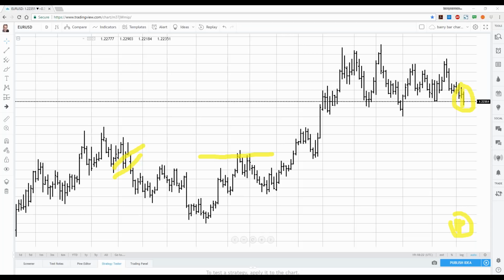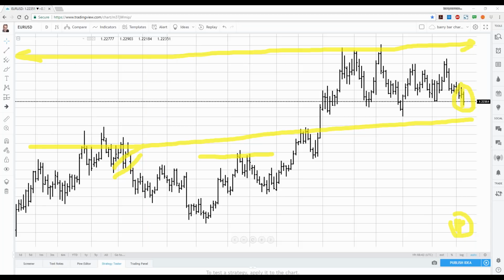Because now we're looking at the euro US dollar. Now, the fact is, the screen is only this long. We're only going to fit so many bars on the screen. So we're looking at a 1 day chart. Okay, we can get a whole bunch of days on here.